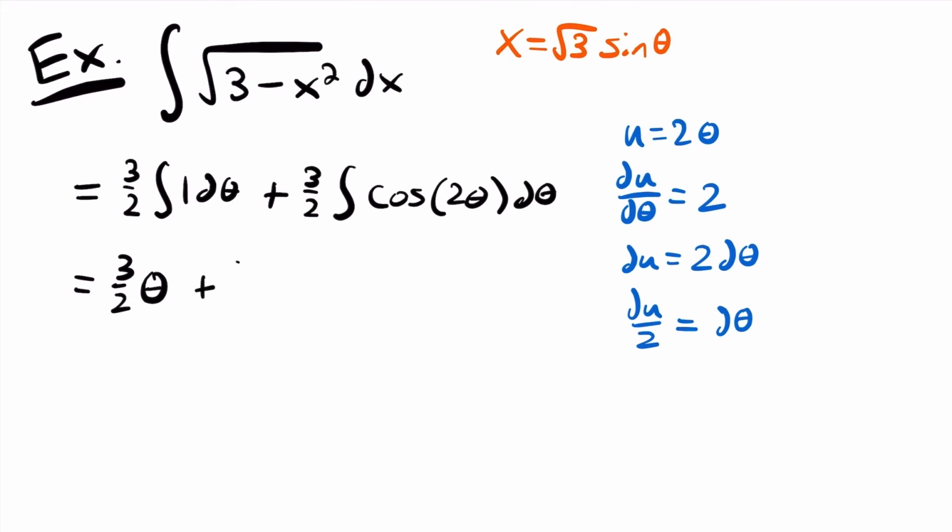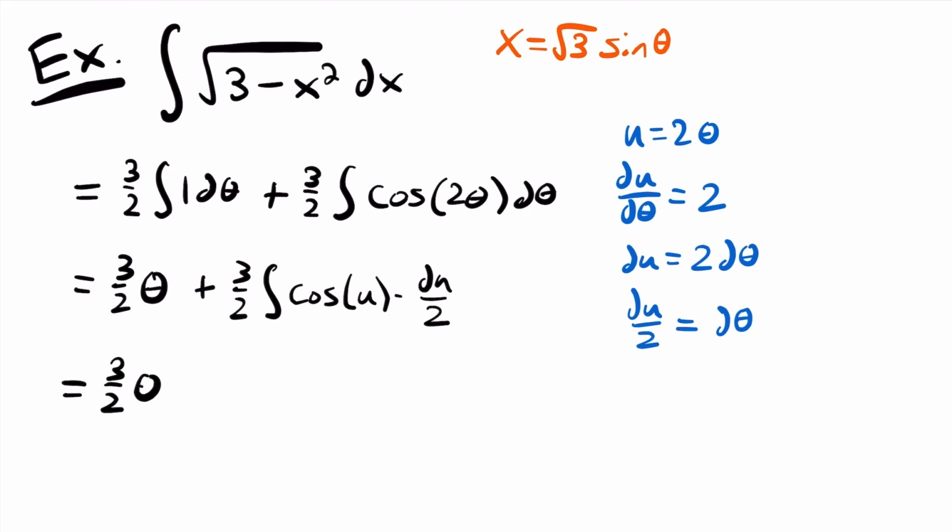And so we'll have plus 3/2 times the integral of cosine of u times du divided by 2, right? We replace 2 theta with u and d theta with du divided by 2. Okay, so if I pull that 1/2 to the outside, this is equal to 3/2 times theta plus 3/4 times the integral of cosine u times du.